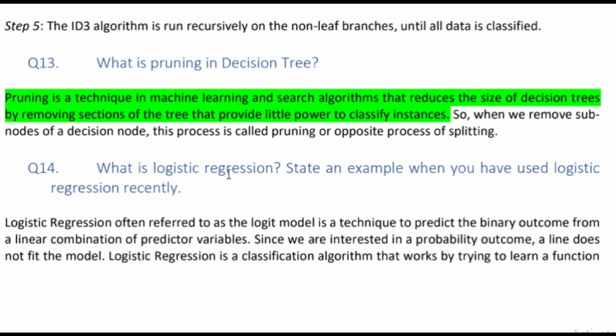Question number 14. What is logistic regression? State an example when you have used logistic regression recently. Logistic regression, often referred to as the logit model, is a technique to predict the binary outcome from a linear combination of predictor variables. Since we are interested in a probability outcome, a line does not fit the model.